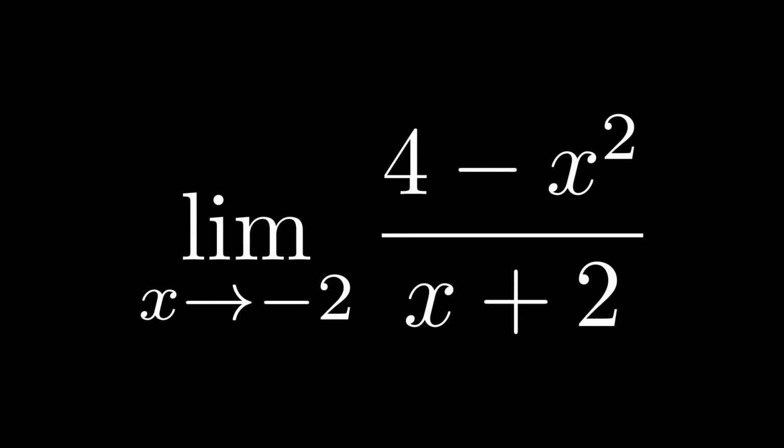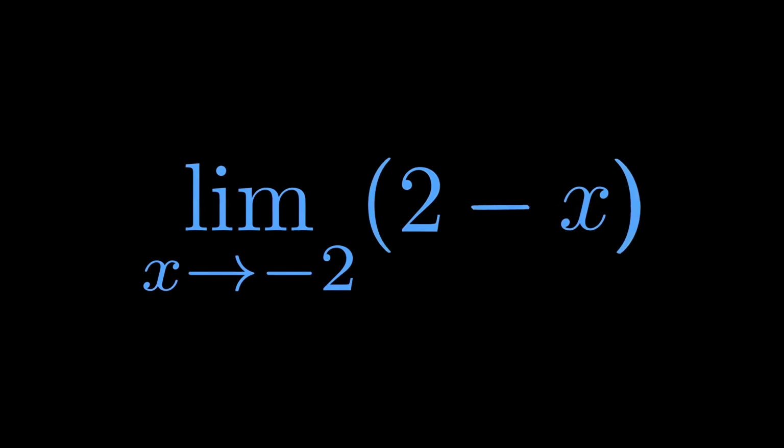Calculus offers a precise language to describe the behavior at this hole. We can ask, what value does the function approach as x gets infinitely close to -2? This is the concept of a limit. A limit doesn't care about the value at the point, only the value it approaches. Therefore, we can use the simplified form to evaluate it.